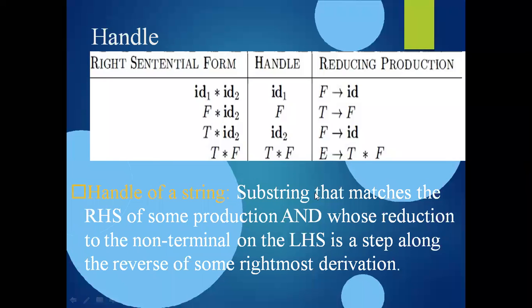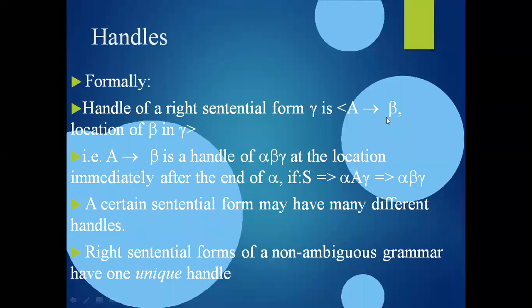A tends to beta is nothing but the LHS of the production and the RHS of the production. Here we are using the right sentential form, and whatever grammar we choose should be an unambiguous grammar. It should not be an ambiguous grammar. Make a note.